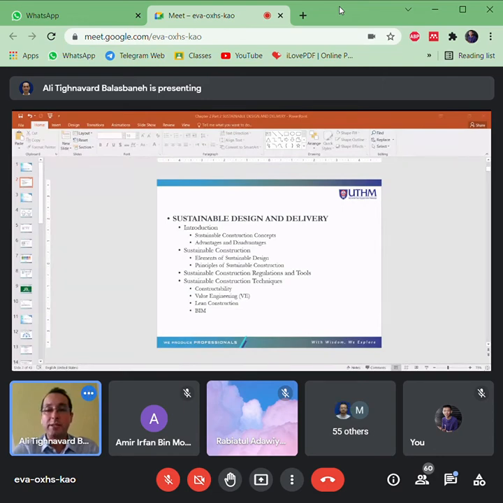But there is a big area for research in any sector that you mention. But let's go back to the construction. Sustainability in construction has many aspects, many angles, and many different criteria.